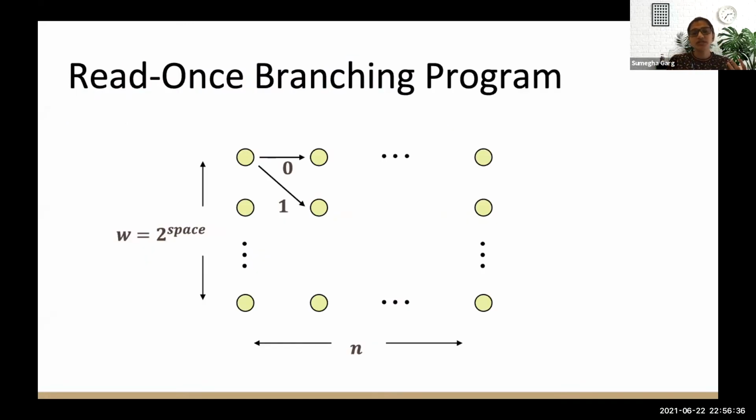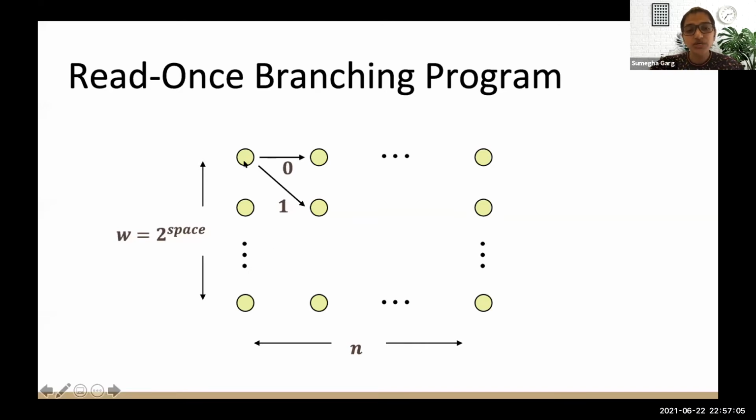Such a computational model is encompassed by a read-once branching program. A read-once branching program is a layered graph with n layers, where each layer has W nodes and edges are present only between consecutive layers.